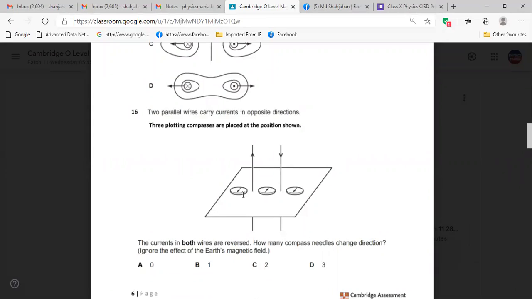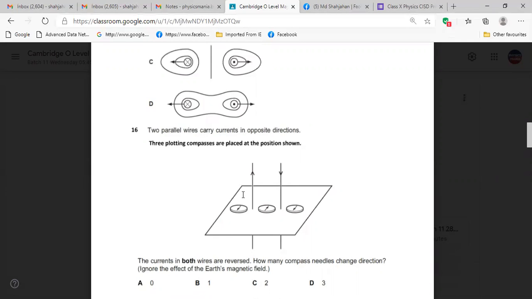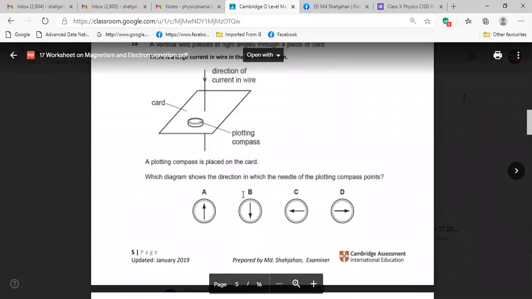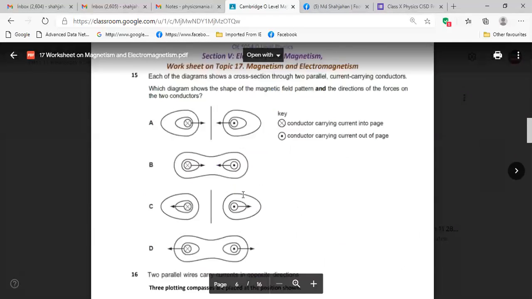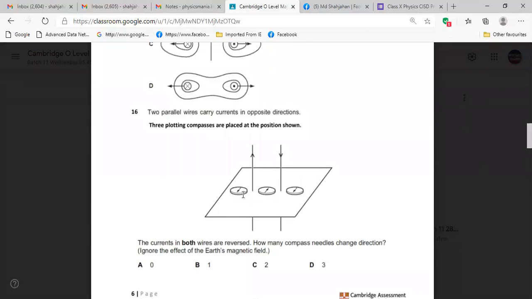Three floating compasses you'll also understand from there. Now this one, 16, we can understand the same way we understood the previous one. You can draw the magnetic field lines and then check how it's working.